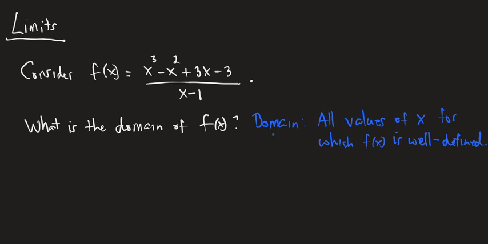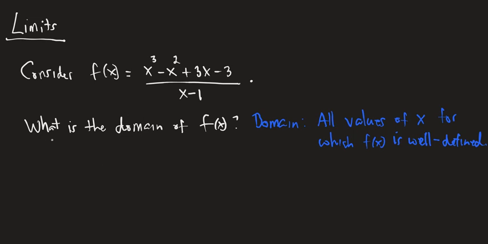It basically means all the values of x that we can plug into this function and get a number. If you look at all the operations in this function, the only time we would have any kind of problem is if we end up with a 0 in the denominator. So in other words, we could not substitute x equals 1 into this function and get a number. We couldn't get a y value.